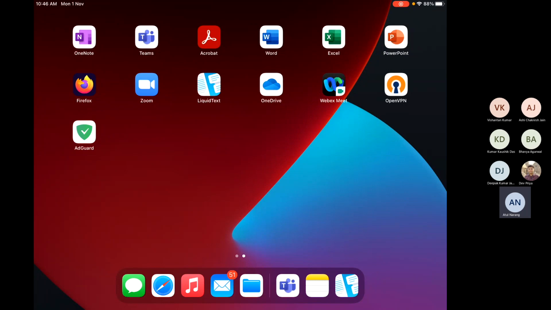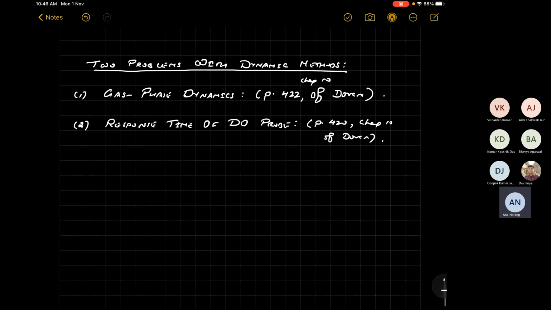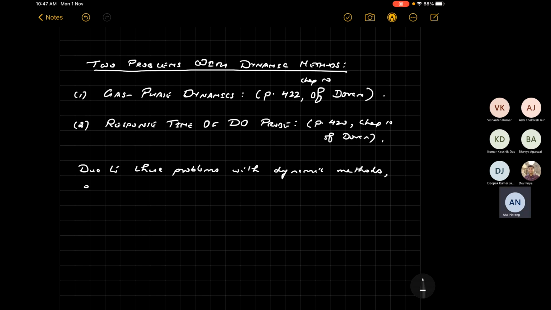I mean, the numerical part I will cover next time, but the principle is due to these problems with dynamic methods, one often prefers the following steady state method.